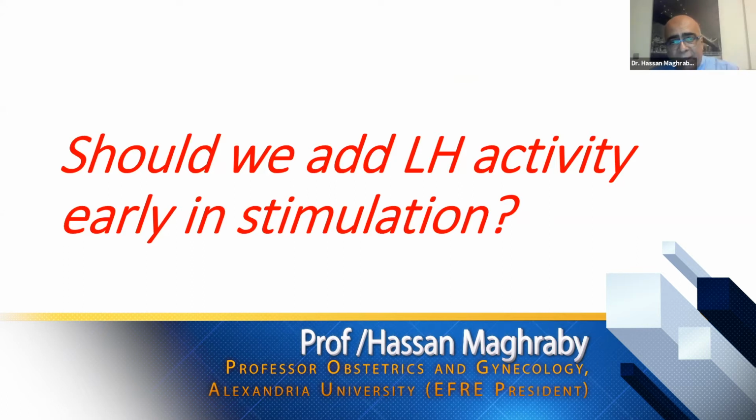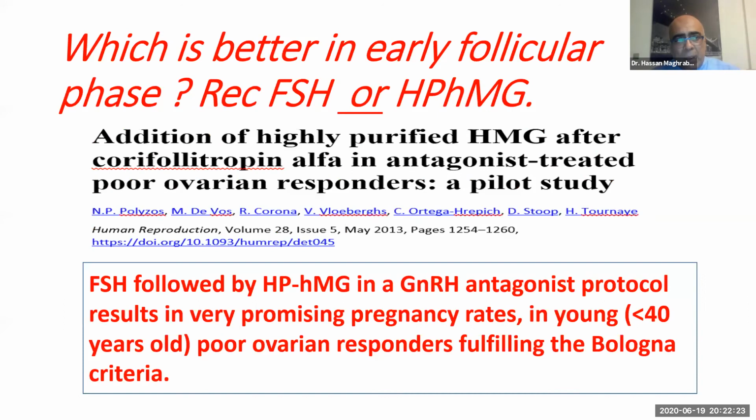So should we add LH activity early in a stimulation protocol or not? In this article, Polyzos showed in 2013 that FSH followed by highly purified HMG in a GnRH antagonist protocol resulted in very promising results.